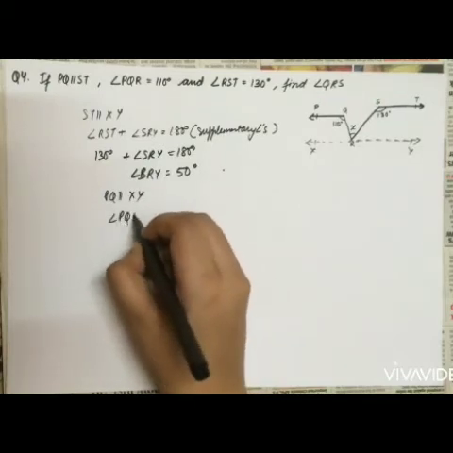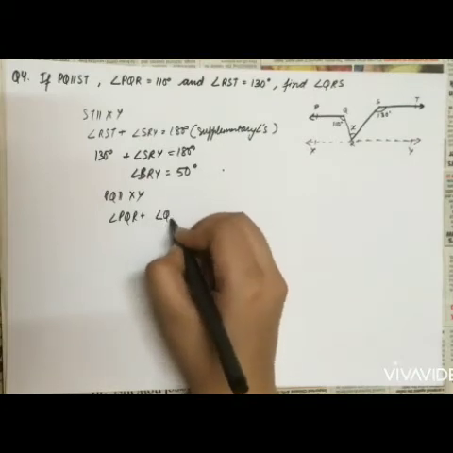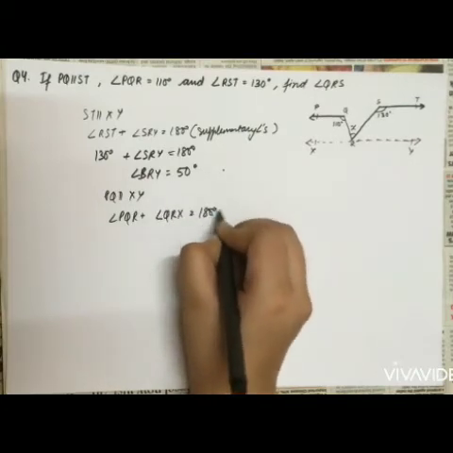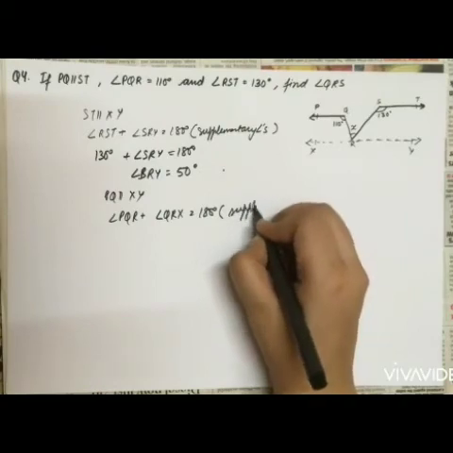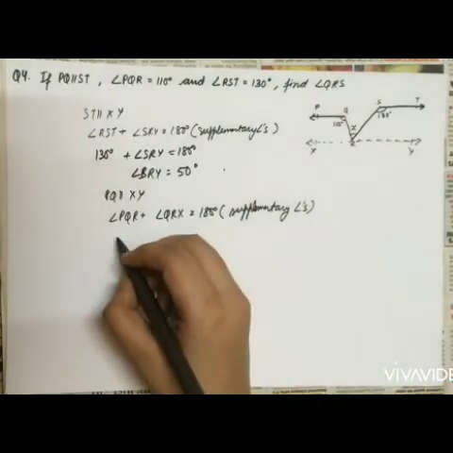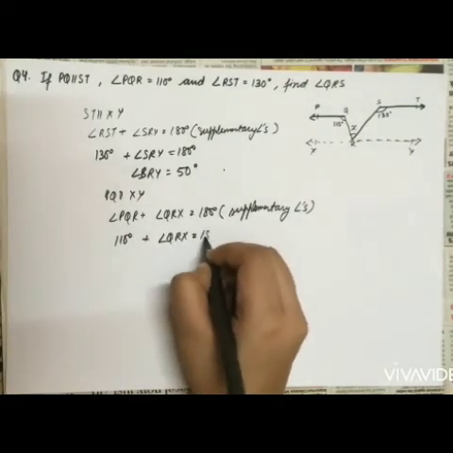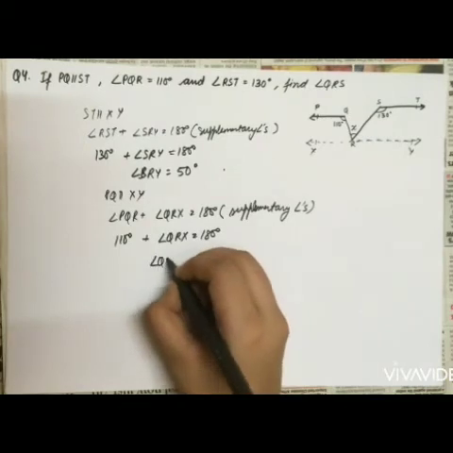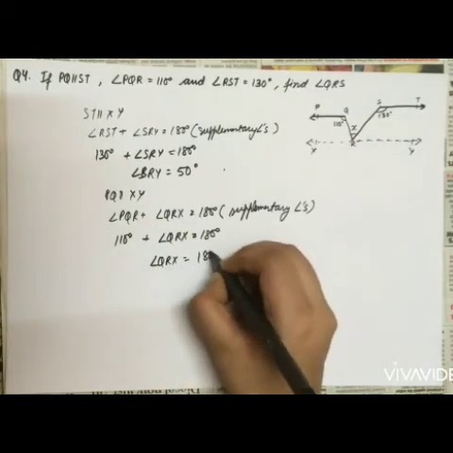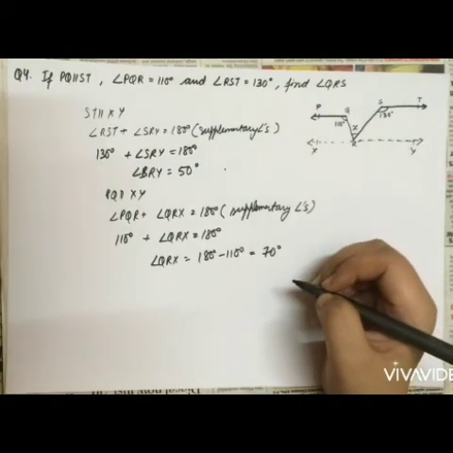Therefore angle PQR plus angle QRX is equal to 180 degree, supplementary angles. Now PQR is 110 degree plus QRX is equal to 180 degree, so angle QRX is equal to 180 degree minus 110 degree, which is equal to 70 degree.